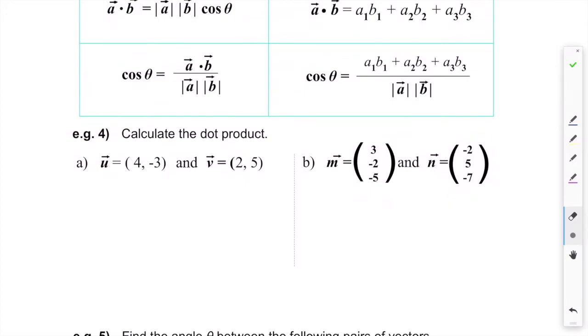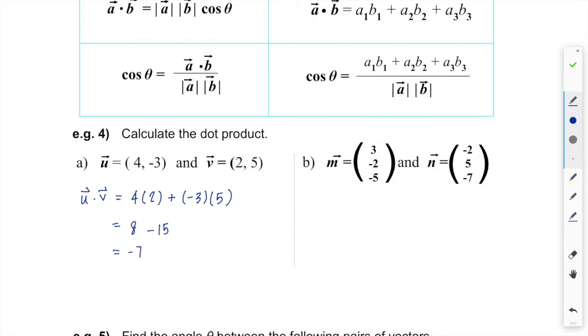Now let's calculate the dot product of 2 vectors in 2 space, u and v. u dot v is equal to x1 times x2 plus y1 times y2. So 4 times 2 is 8, minus 15, that's negative 7.